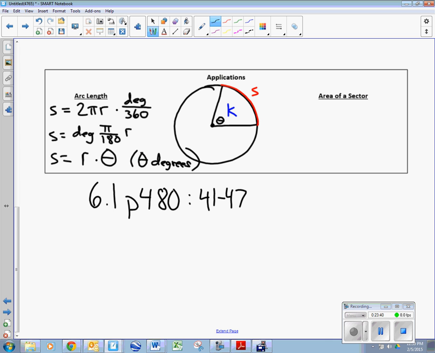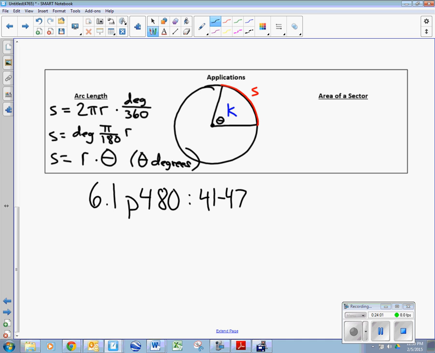That's part of the reason we really like radians, because it makes a lot of things in mathematics work out nicer. We'll do an example here, and then you'll see it. Area of a sector.